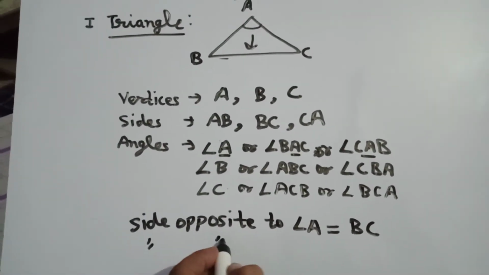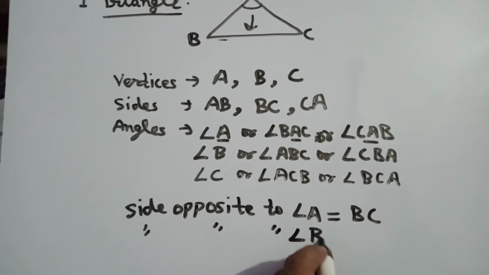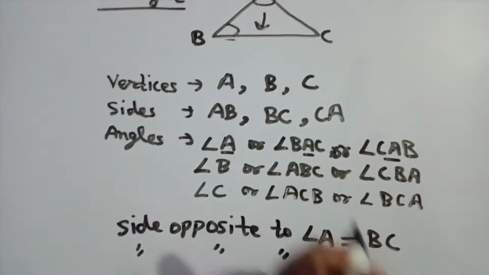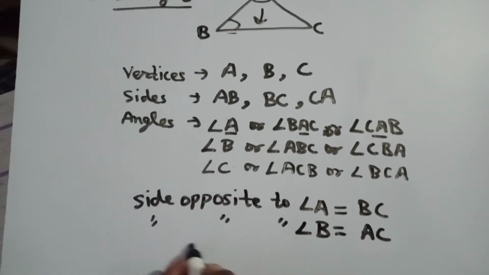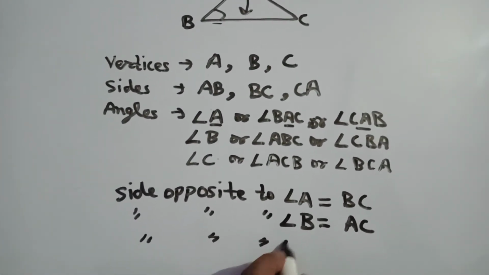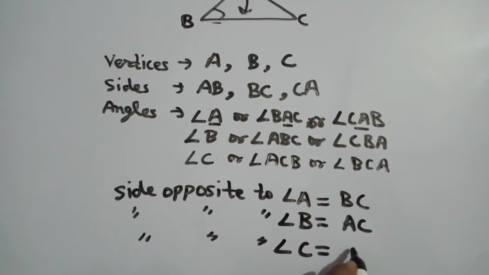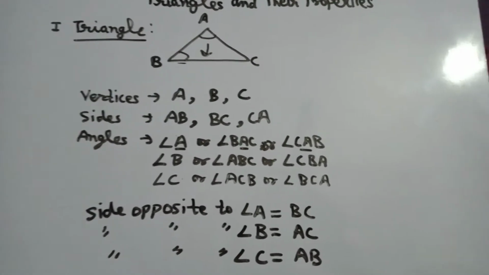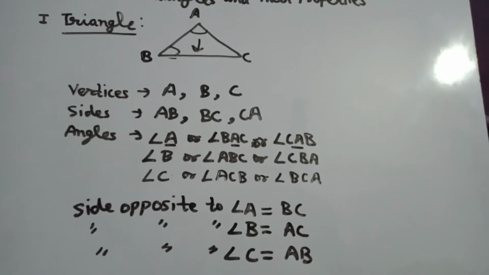And the side opposite to angle B is AC. And the side opposite to angle C is AB. So these terms are related to the triangle. You mark this.